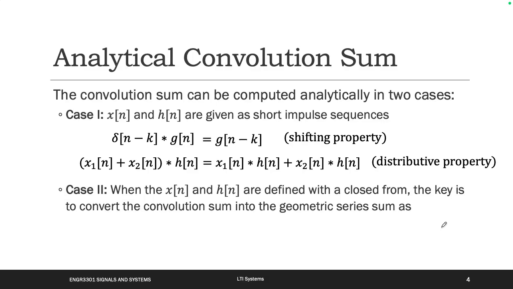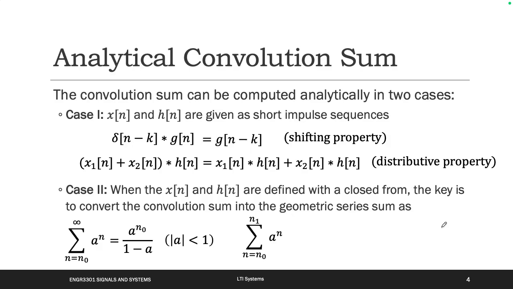When x[n] and h[n] are defined in closed form, the key is to convert the convolution sum into a geometric series sum, in two different situations. One form will be written in this form, and then you use the geometric series equation.